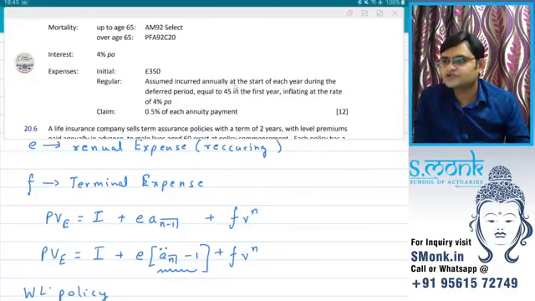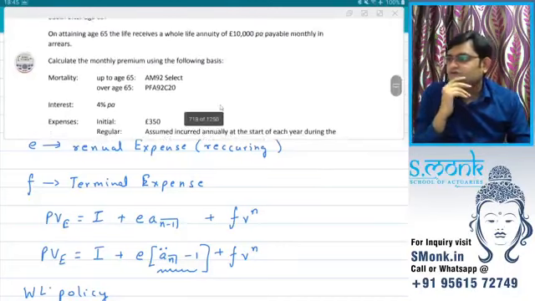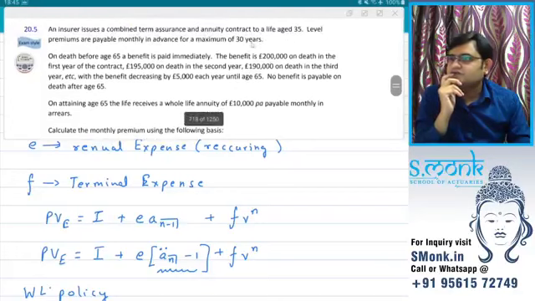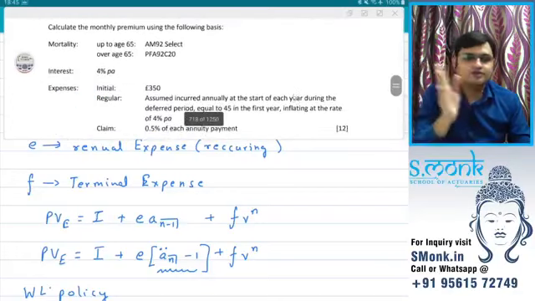Here it is assumed incurred annually at the start of each year during the deferred period, that is the first 65 years, from age 30 to age 65. 30 was the initial age, yes. Age 35 to age 65 is the deferred period they are talking about.